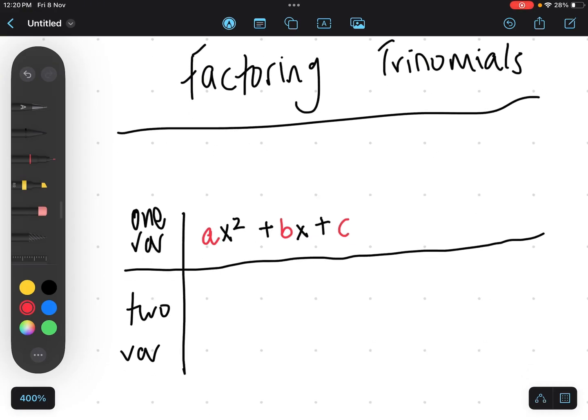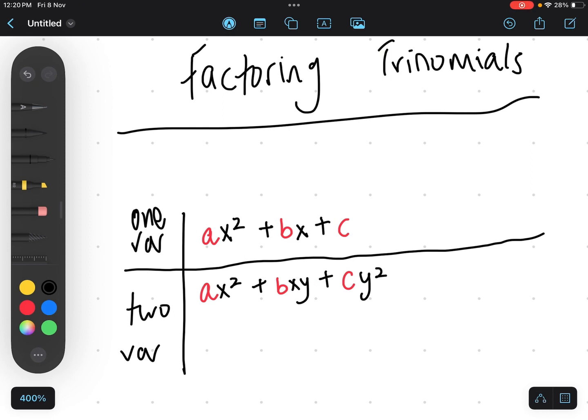For two variables, we have either ax squared plus bxy plus cy squared, where a and c are the coefficients of x squared and y squared, and b is the coefficient of xy.